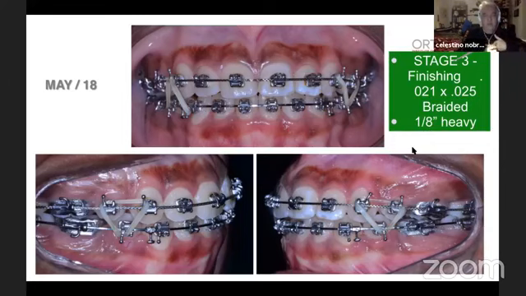So we saw 3 different stages. Stage 1, 16 and 20 by 20 for leveling, aligning, torque expression, and rotation. Stage 2 is the working stage for space closure, 19 by 25 stainless steel, and those very interesting coils. And stage 3, 21 by 25 braided, and intercuspation. Only 3 phases.